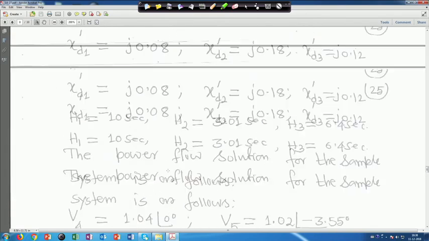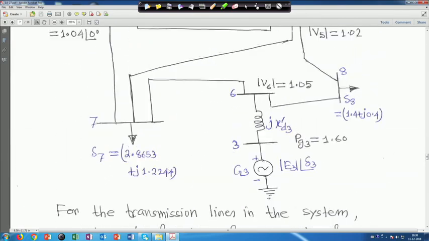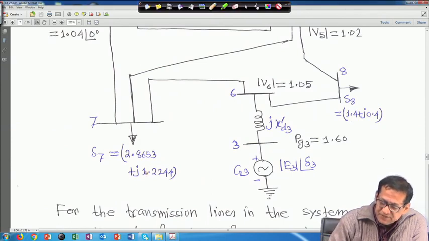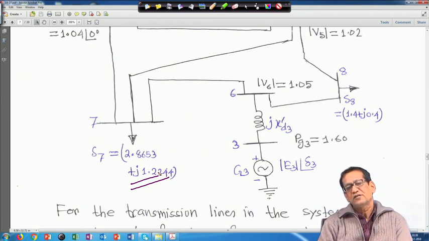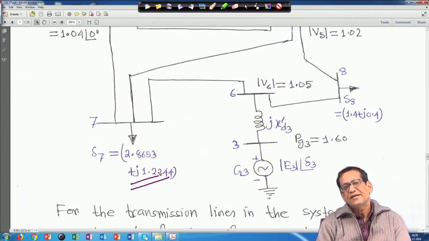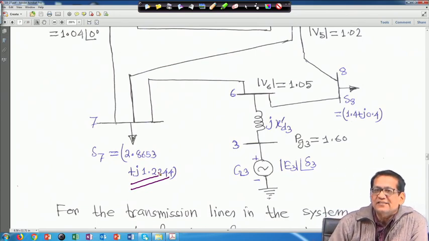When you come to this diagram, for the transient stability analysis these loads are given, and we have to convert each load into an admittance, which will be considered as a shunt element.